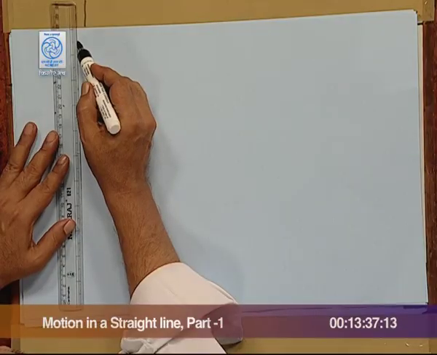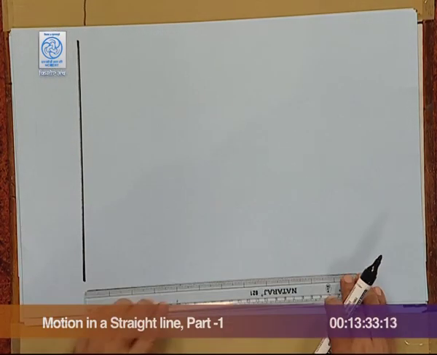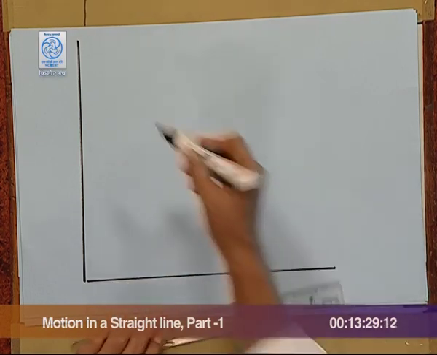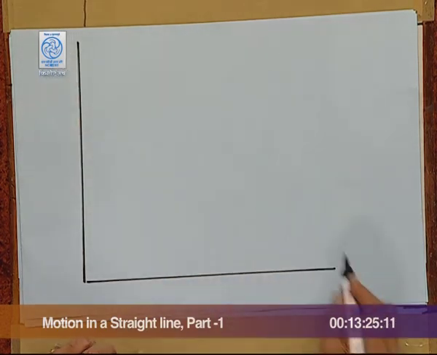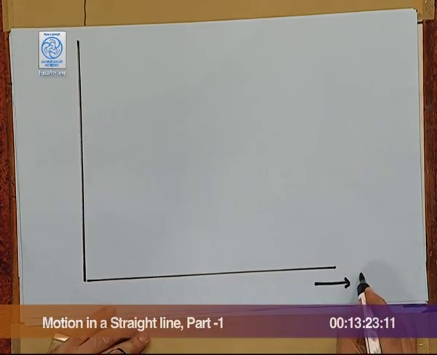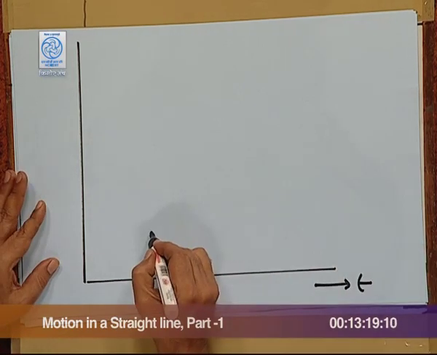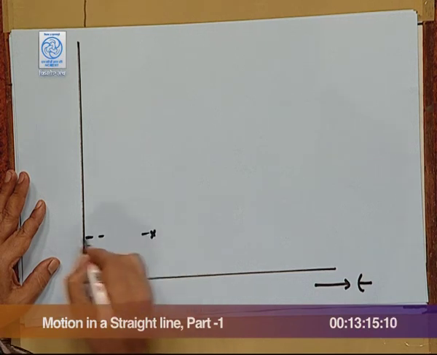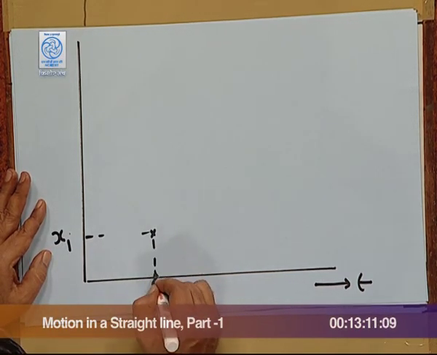Let us represent the motion of this object as position, how position varies with time, position being indicated here. This is x position versus time graph. Now, here we represent its position at point P as its coordinate x1 here, time t1 here.